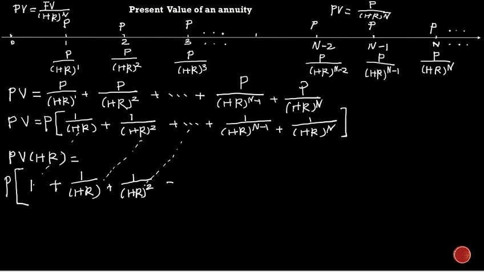And so on. This last one times 1 plus R, we got 1 over 1 plus R to the n minus 1.